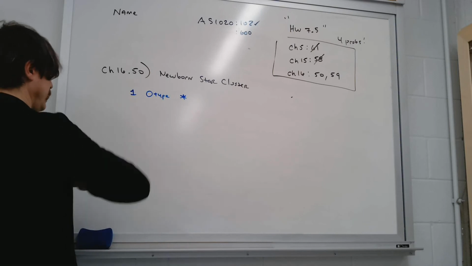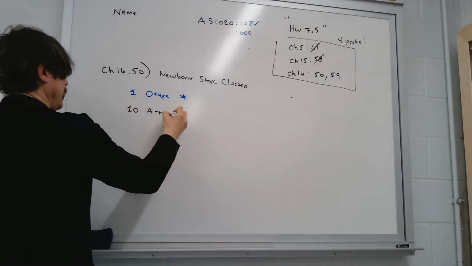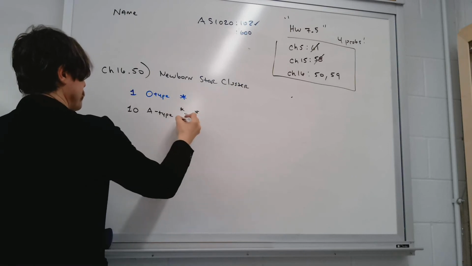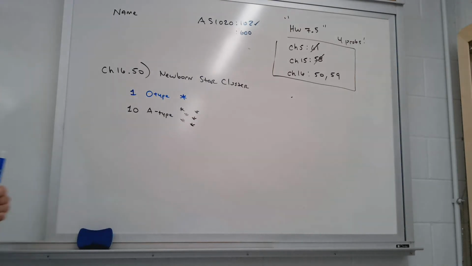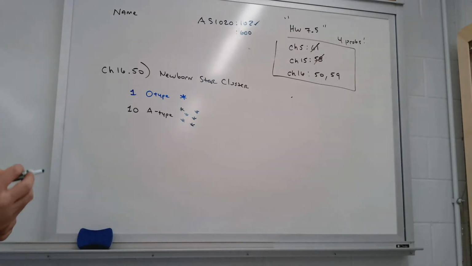We have 10 A types. Now, spectral type G are yellow, but I'm going to use green for spectral type G. I'm sorry, what was it, 100 G types?